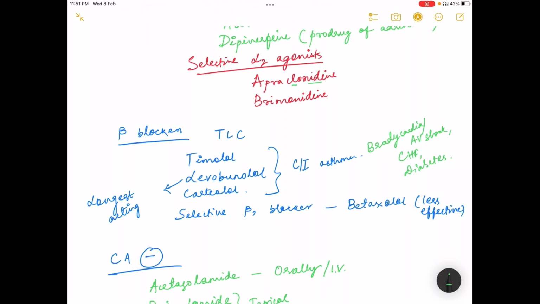Now, apraclonidine, one important side effect you can remember is lid retraction. Now, brimonidine, what is the side effect? You can remember BRI: brain inhibition, which will lead to apnea, particularly in infants.